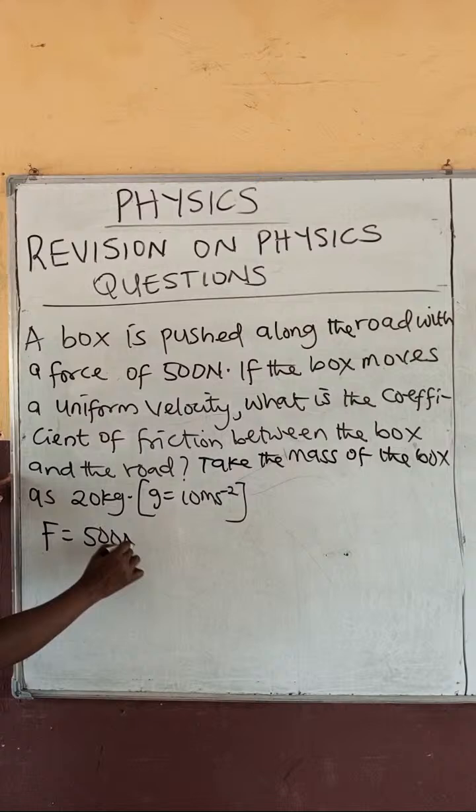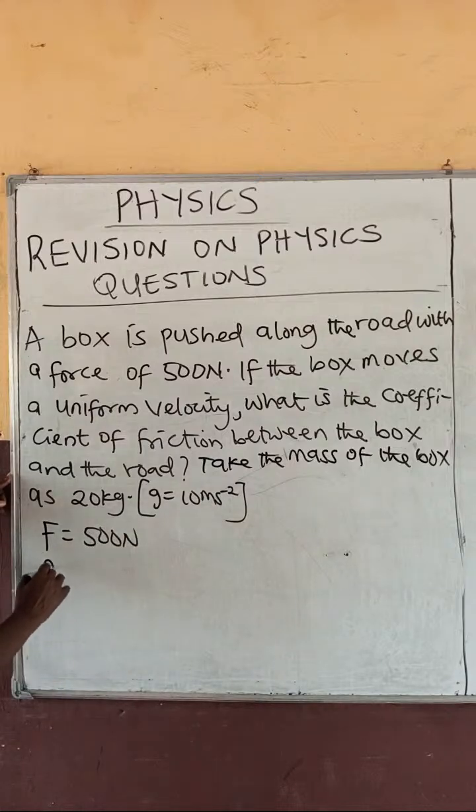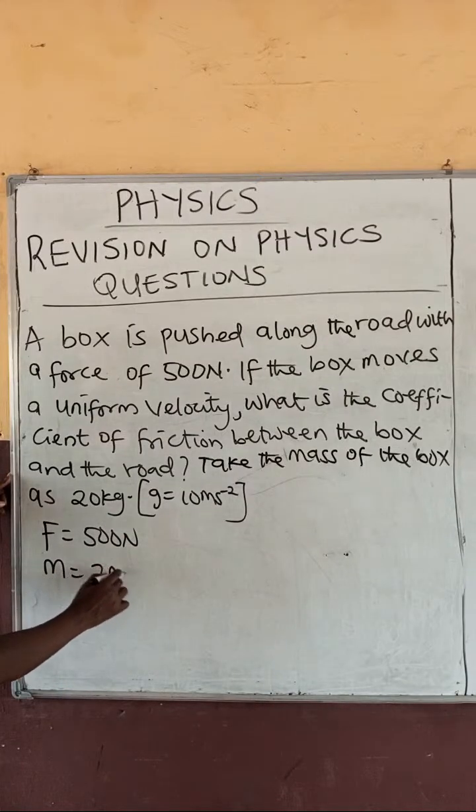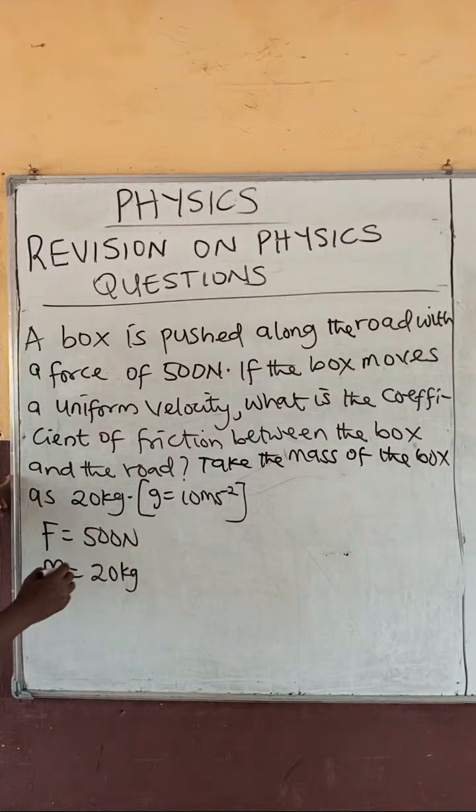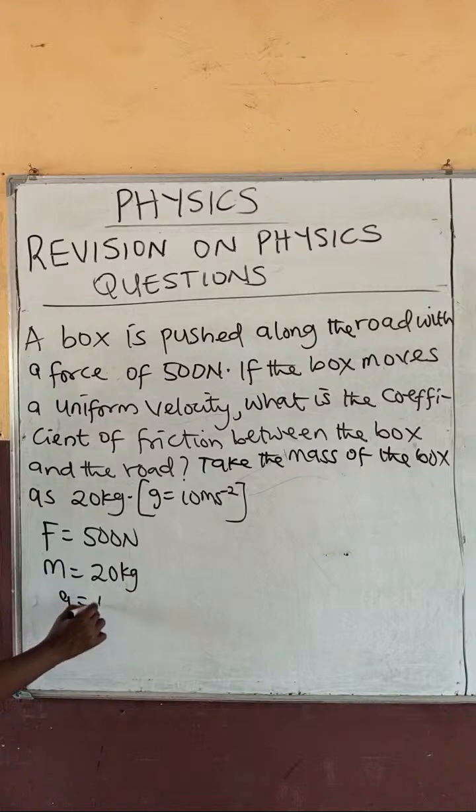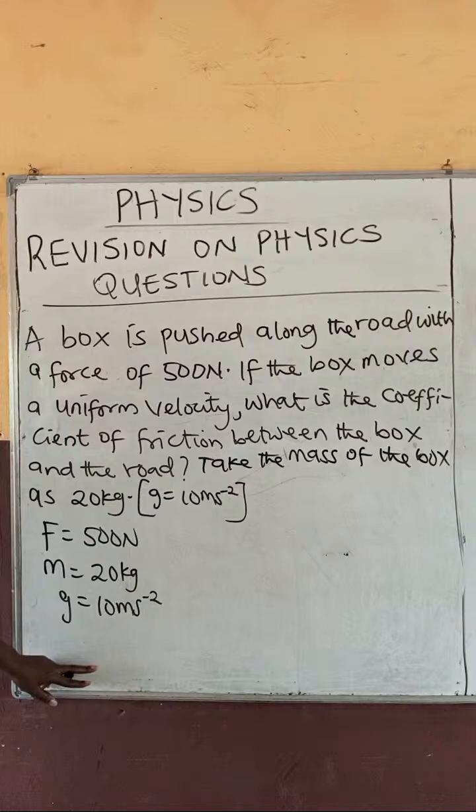That is 500 newtons. Then the mass of the box, I gave you 20 kilograms. Then acceleration due to gravity is 10 meters per second squared. Like I normally tell you, the weight of the body is equal to the reaction force. The reaction is a force acting upwards, opposite of weight.